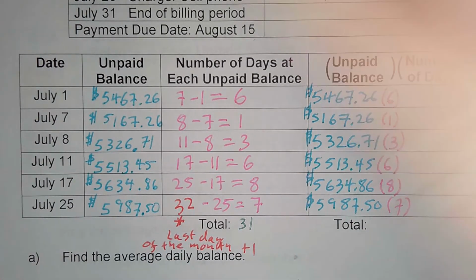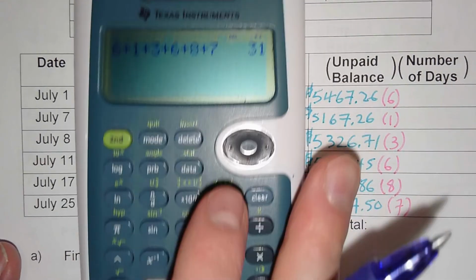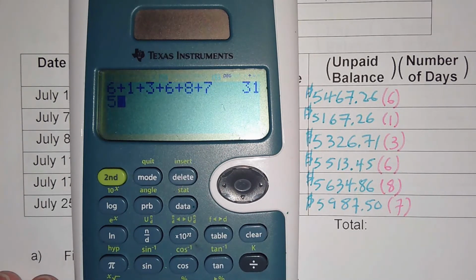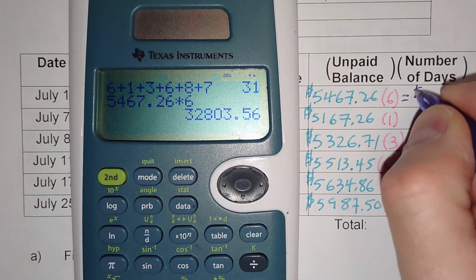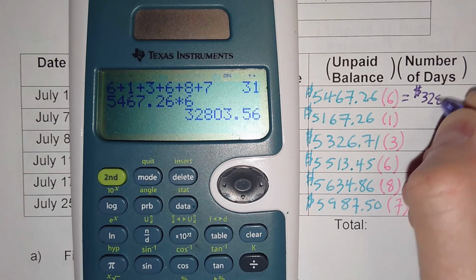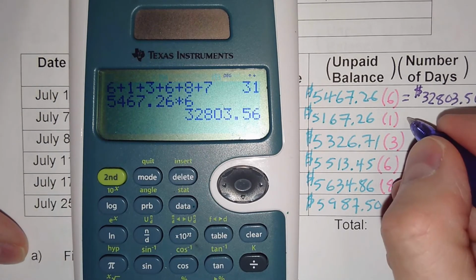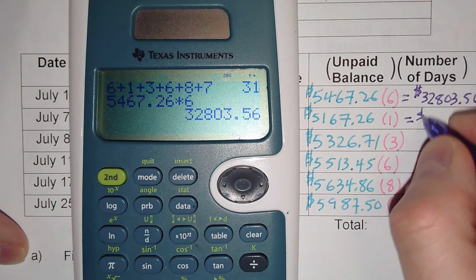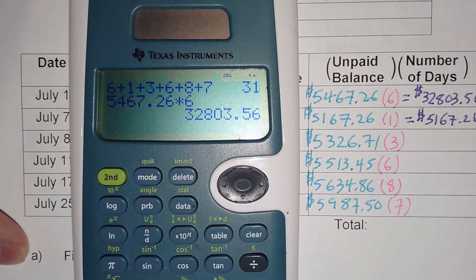So let's go ahead and do that multiplication. Told you we're going to give our calculator a workout here in this section. So multiply that by 6. When we multiply that by 1, and we're going to take $5,326.71, multiply that by 3.